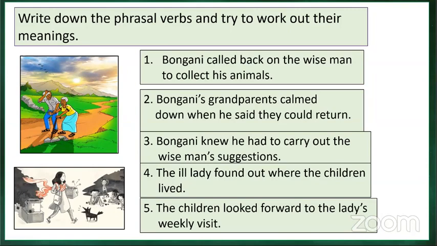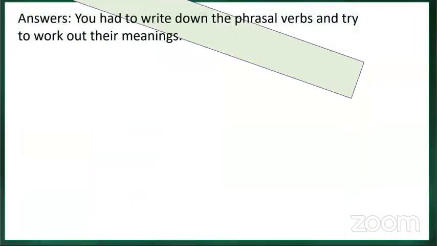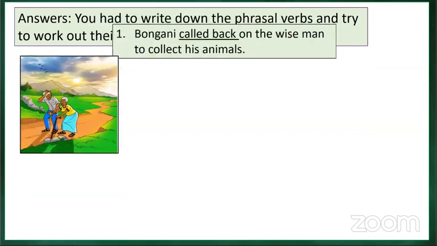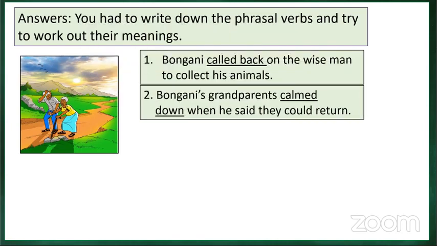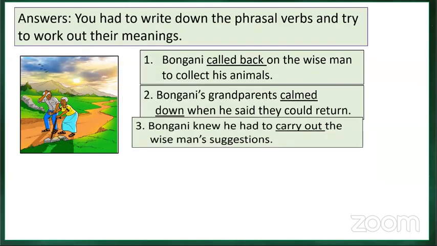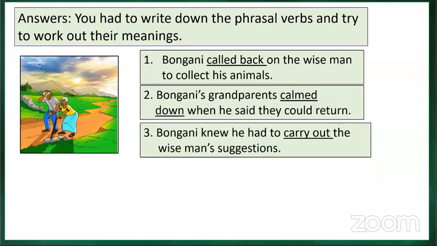Right, let's check your answers. Are you finished? I see some people writing them in the chat box. Good. So, number 1, Bongani called back. You got called back on the wise man. Number 2, Bongani's grandparents calmed down when he said they could return. You got calmed down. Good. Number 3, Bongani knew he had to carry out the wise man's suggestions.